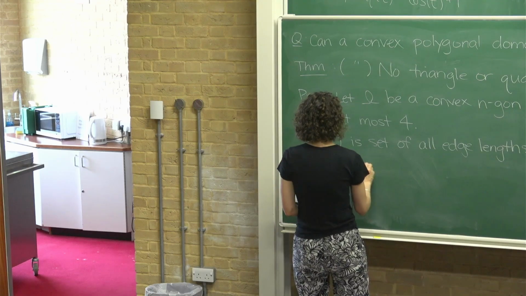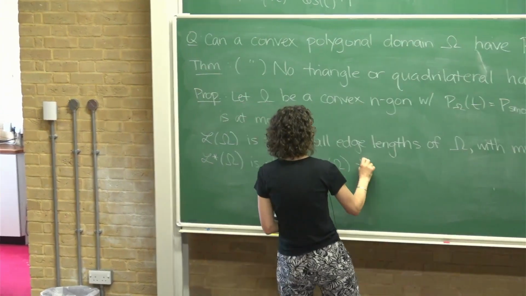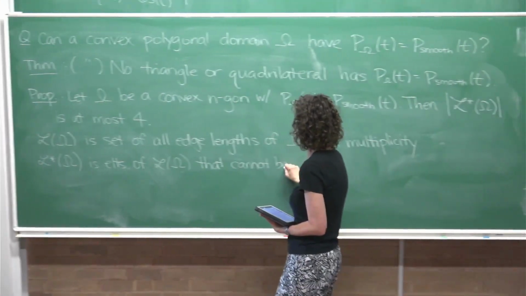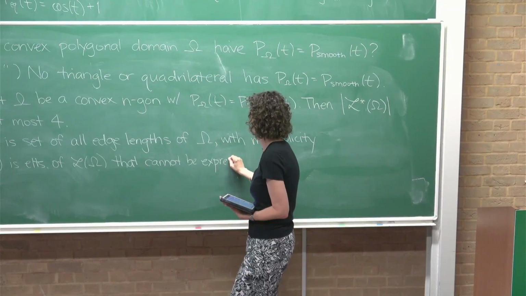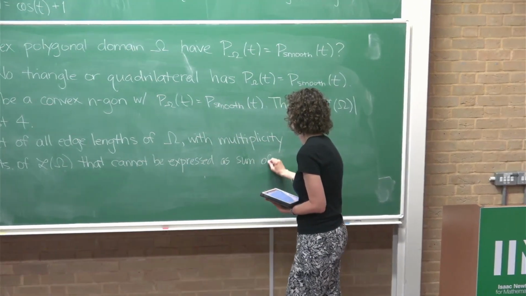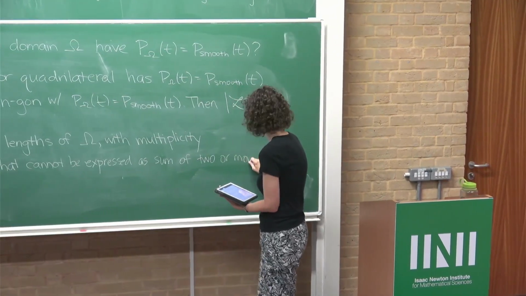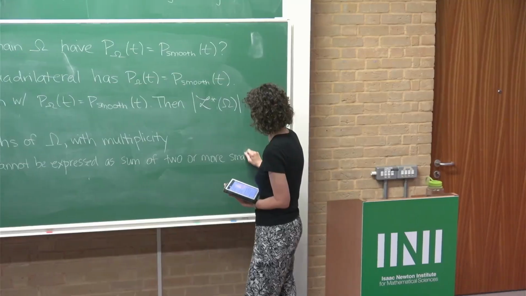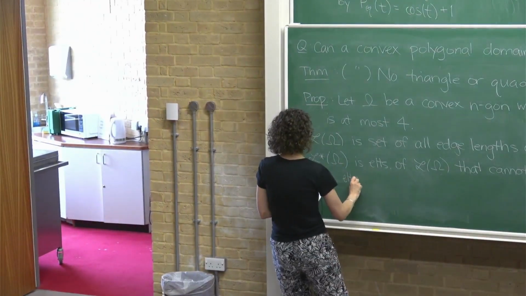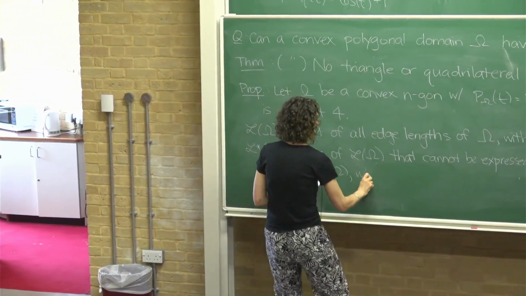It's the elements of L omega that cannot be expressed as the sum of two or more smaller elements of L omega, without multiplicity.